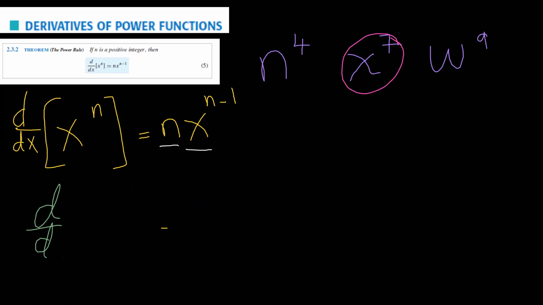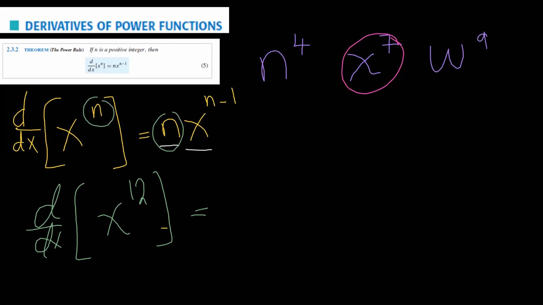The derivative of x raised to the power 12 is, look here, where's n? It's 12. x to the power n minus 1, that means 12 minus 1, which is 11. Is it clear?